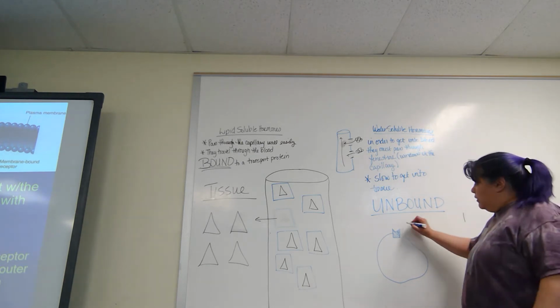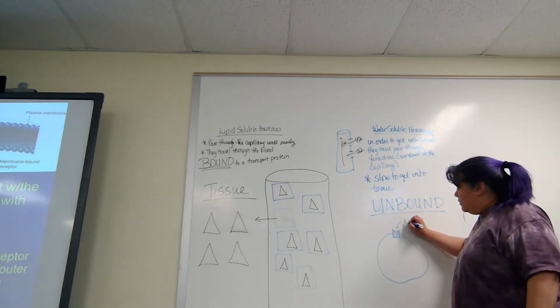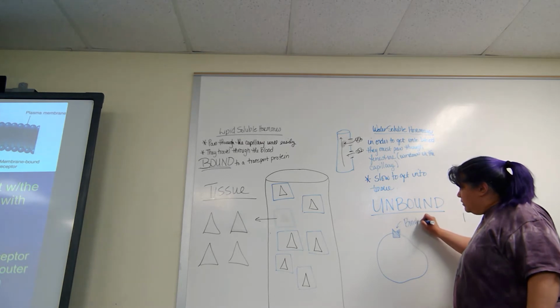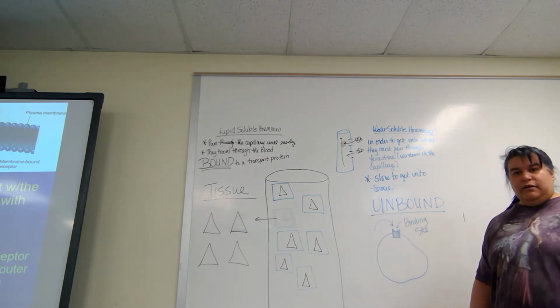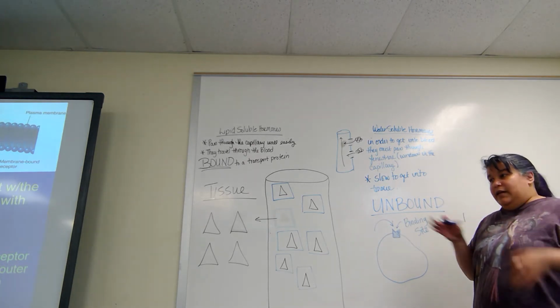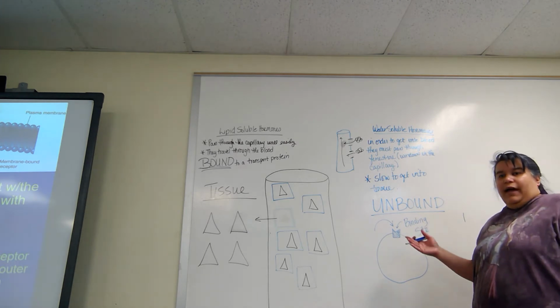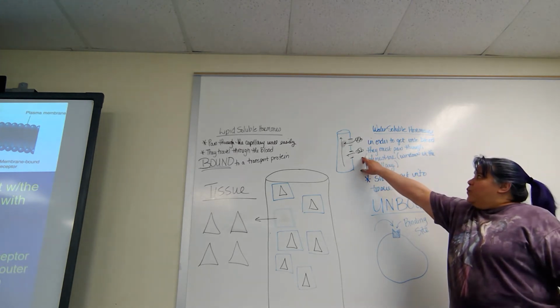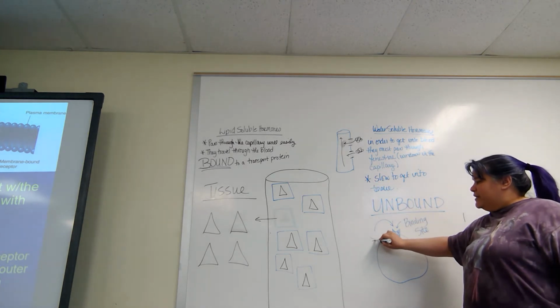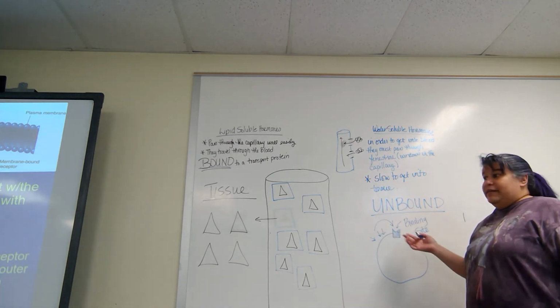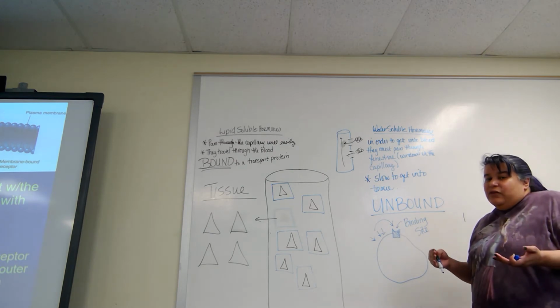Now, the binding site sits outside of the membrane. It's not inside, it's literally outside. Why? Because these water-soluble hormones can only bind to something if it's on the outside of my cell. They literally can't get to anything else.